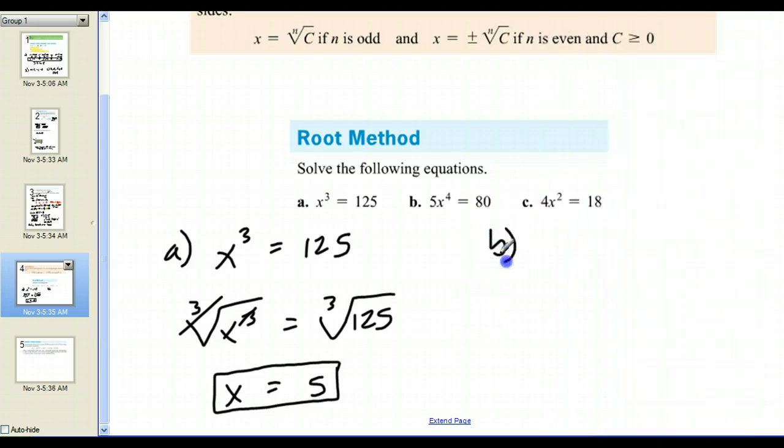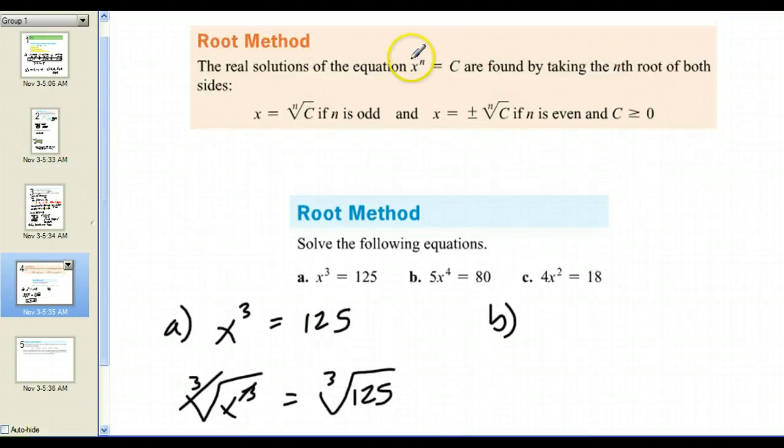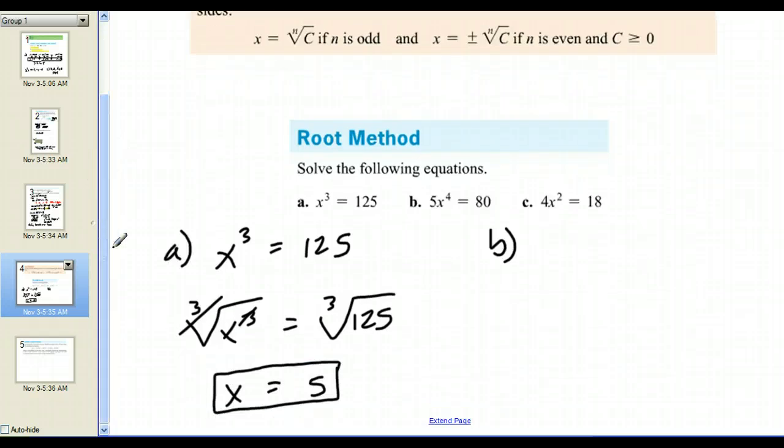Alright, for B, we want to isolate the x to the 4th. If you notice, the root method works when there's nothing out in front of the x. Okay, so if I have something out in front of the x, I'm going to divide it away. So I'm going to divide both sides here by 5. Alright, and I get x to the 4th equals 80 divided by 5 is 16.